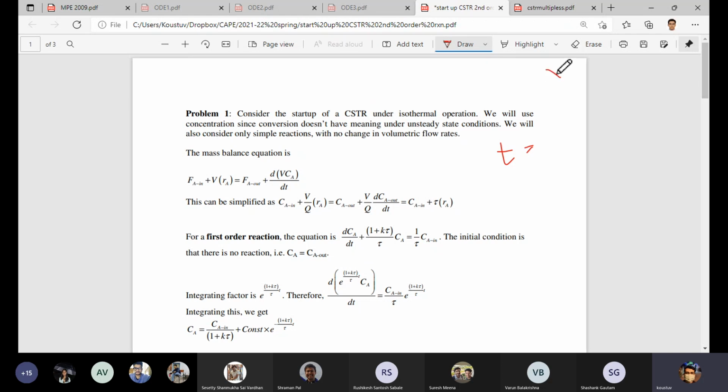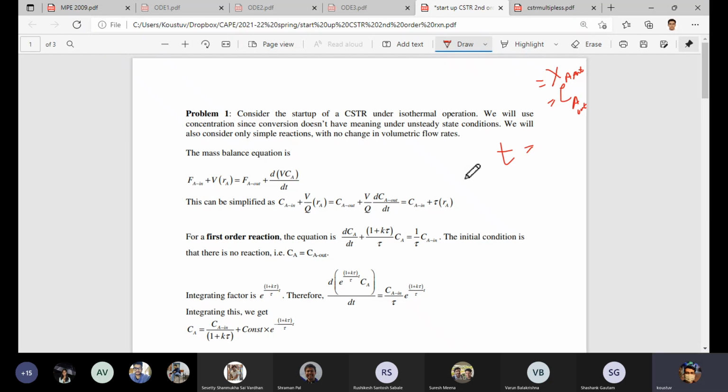Then we have the conversion at the end of the reactor, or concentration CA out, or XA out, so that steady concentration or conversion. So what is the time that it requires to reach those steady concentrations? That is another kind of question.